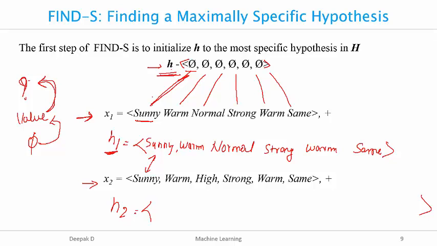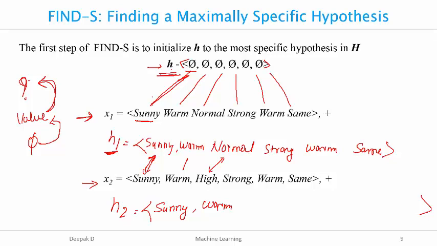So what do you have? You have sunny here. Sunny is there in the instance, so you keep the same value in the next hypothesis. Warm is also the same, but you have high and normal.